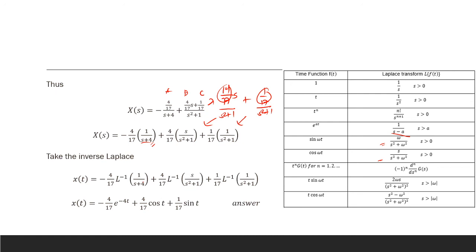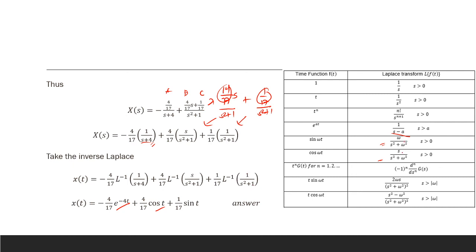Inverse Laplace ng 1 over S plus 4. So, that is ito. Ang A natin is negative 4. So, we will have e raised to negative 4t. Plus, the inverse Laplace of S over S squared plus 1. Ang omega natin is 1. So, therefore, we will have cosine t. Plus 1 over 17, inverse Laplace ng 1 over S squared plus 1.